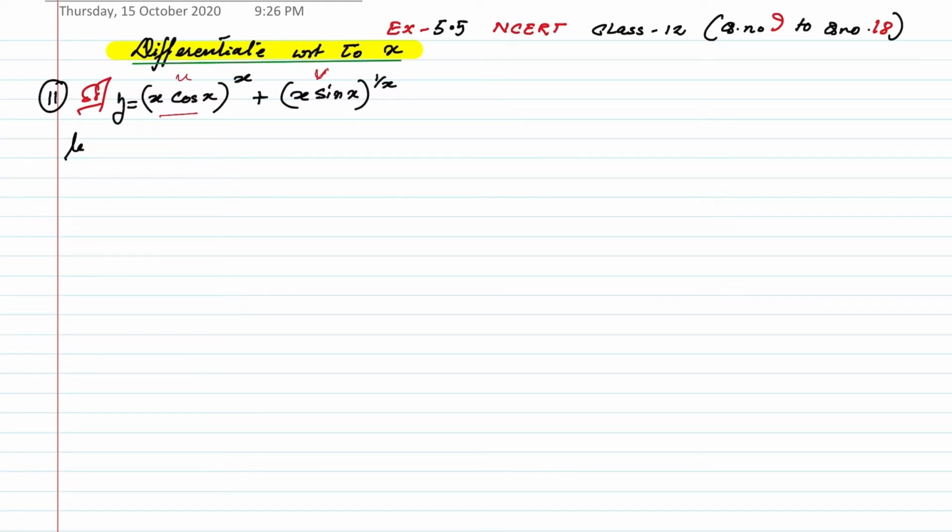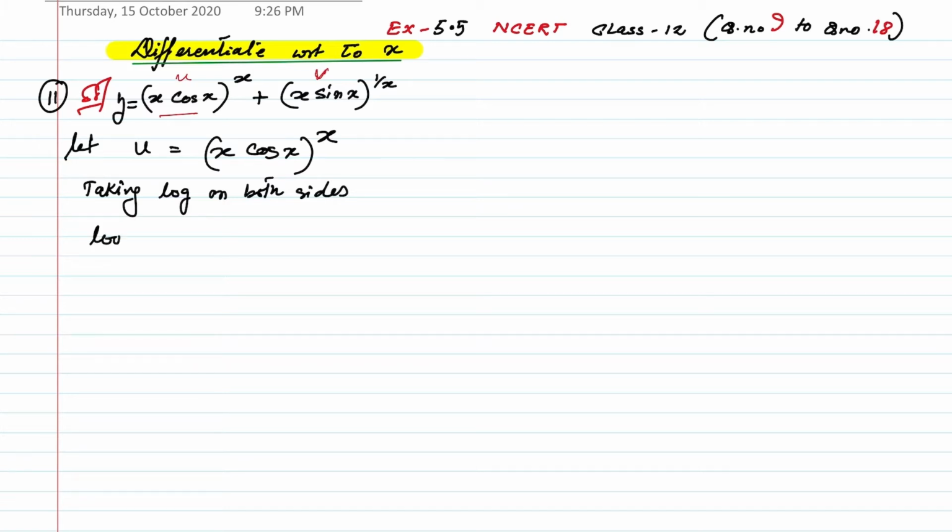So let u is equal to x cos x whole to the power x. Now taking log, we will get log u is equal to log x cos x whole to the power x. So let me write here cos x properly.